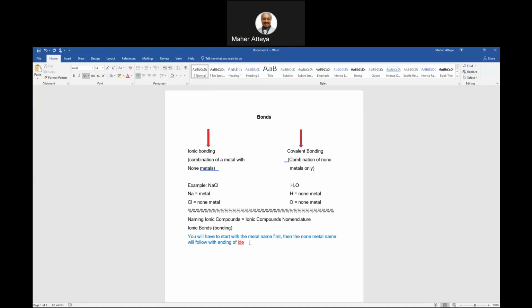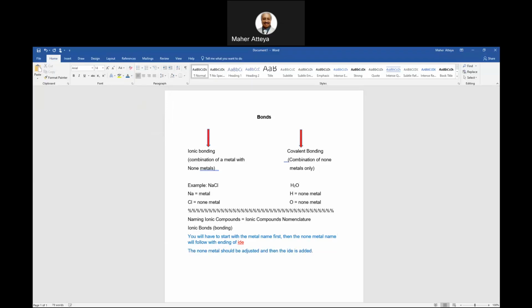So the nonmetal here should be adjusted and then the IDE is added.